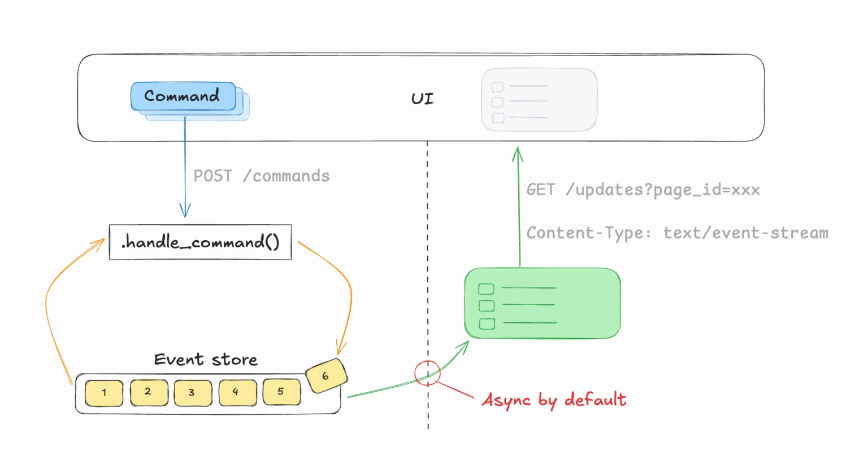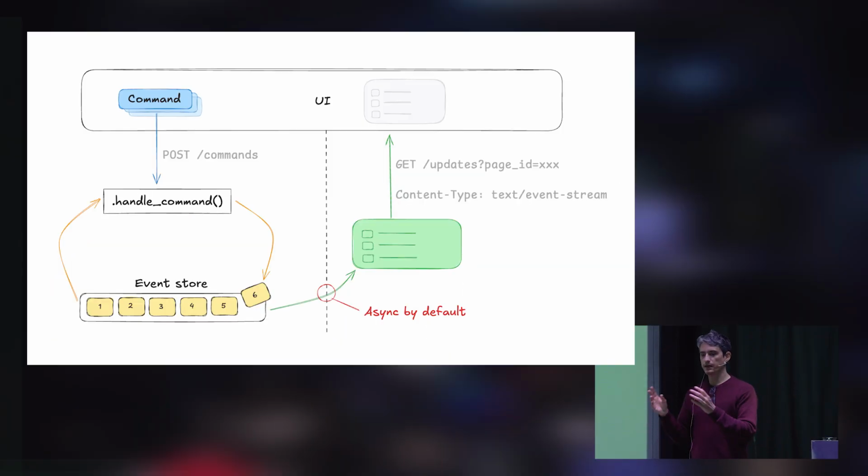We're back with this CQRS diagram, if you remember. On the left, we had the event source part, accepting commands and updating events. And on the right, we have these projections that are basically servicing the UI. But also, when the browser connects to one of these pages, it also sets up a long-lived server-sent events connection back to the backend.